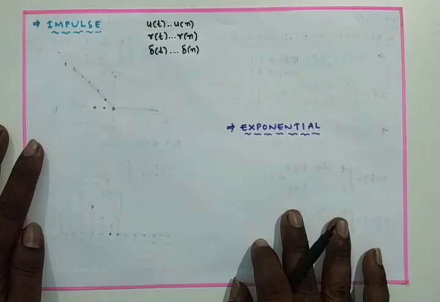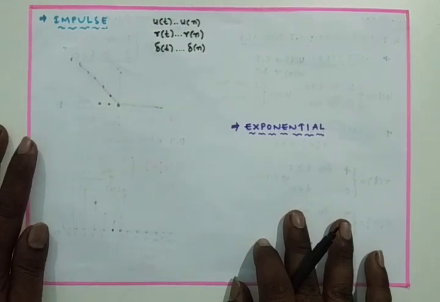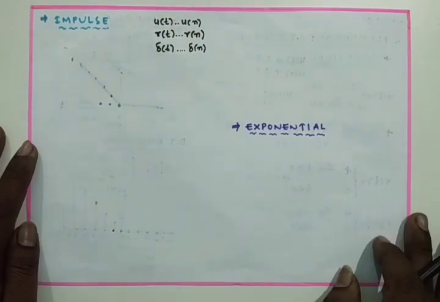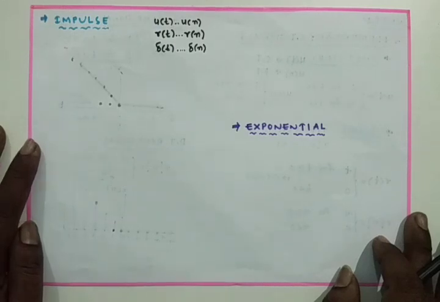The impulse signal occupies a very important role in the analysis of various types of signals and systems. In an impulse signal the amplitude is 0 at all values of t or all values of n except t equal to 0 or n equal to 0. That means the signal exists at t equal to 0 only or at n equal to 0 only.